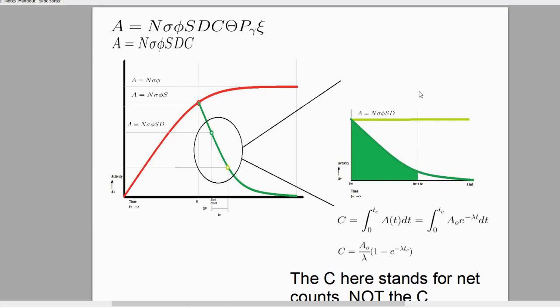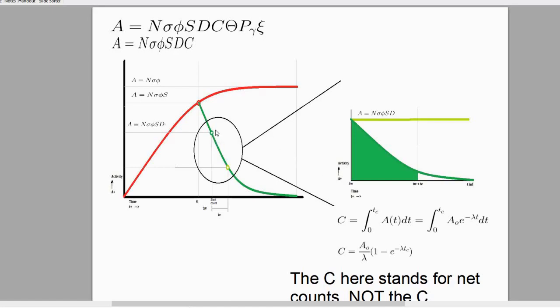But if it turns out that we didn't lose much activity as we were counting, then go ahead and treat it as a constant activity, and just counts divided by time is your count rate. That's fine. But if you have a short-lived activity, or if you counted for a long time, because some of the samples were counted for a pretty long time, you might have to integrate in order to find the activity of the sample when you placed it on the detector.